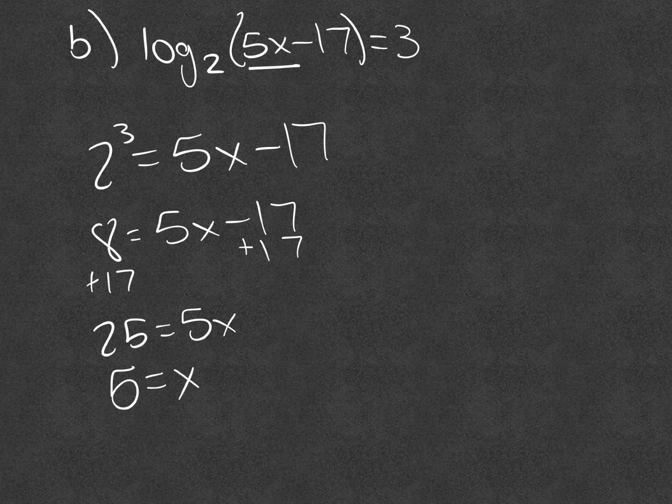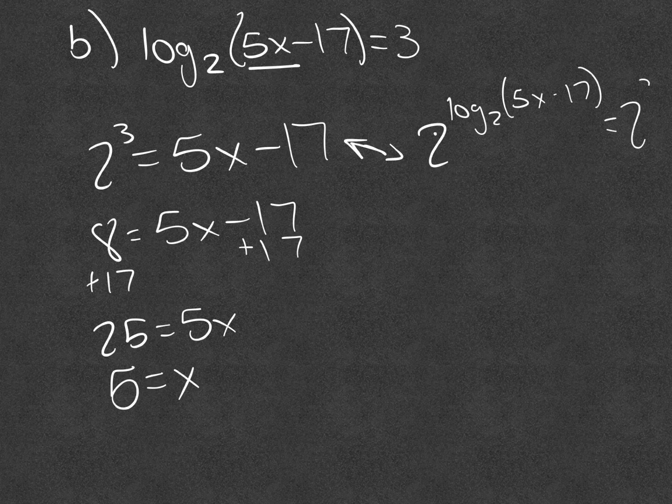Now don't overthink these. In your book, if you look, what it does at this step instead of the rewrite is that it makes them both exponentials with the same base. So what I mean by that is it goes ahead and says they're going to change it to 2 raised to the log base 2 of 5x minus 17 equals 2 to the third.